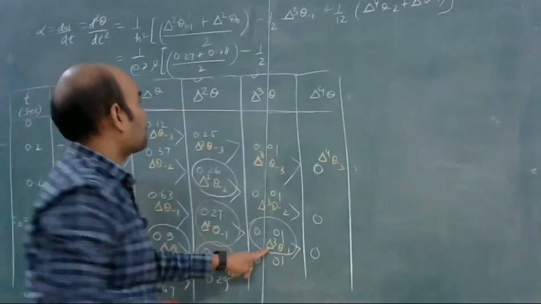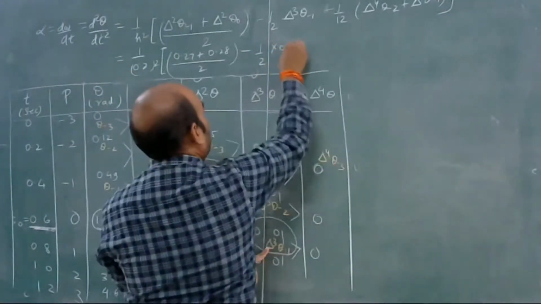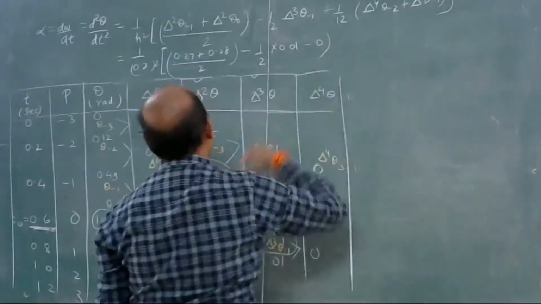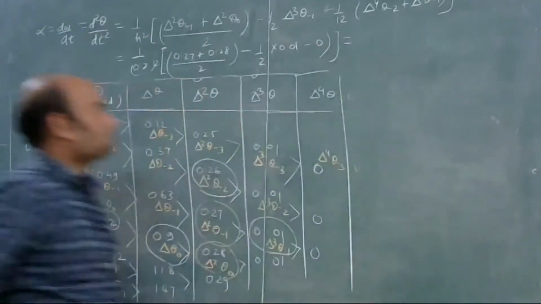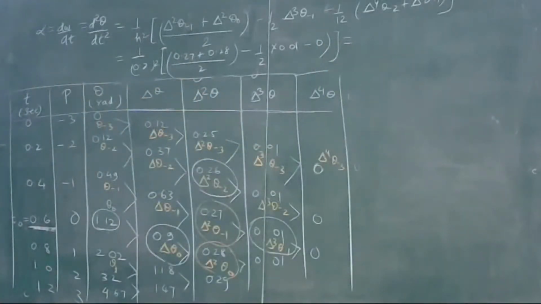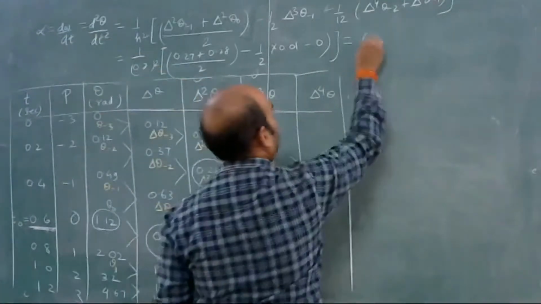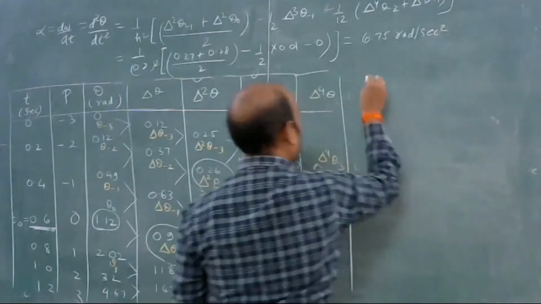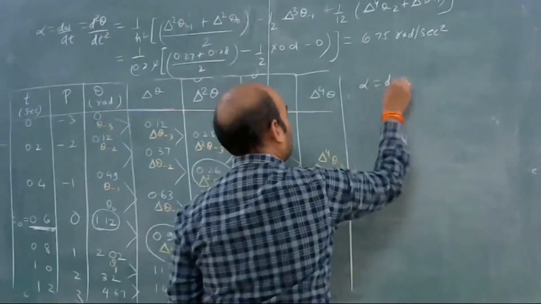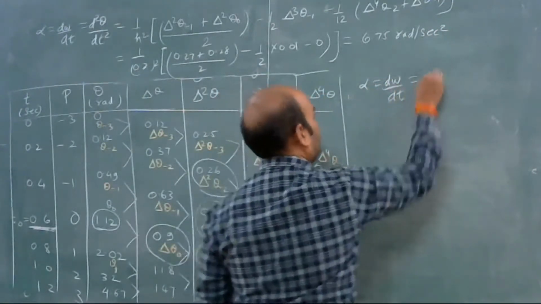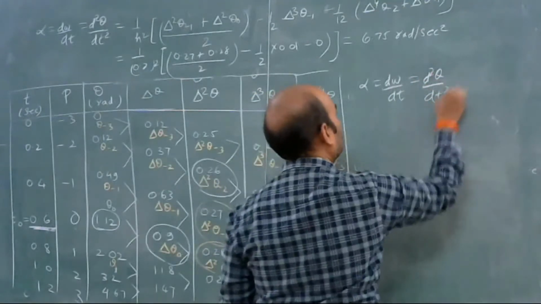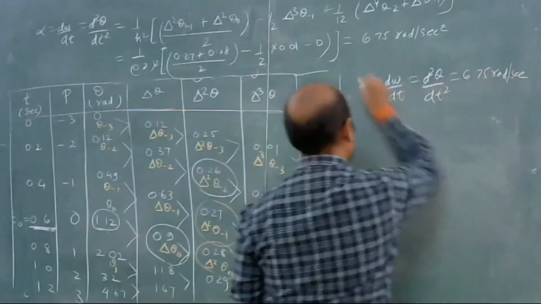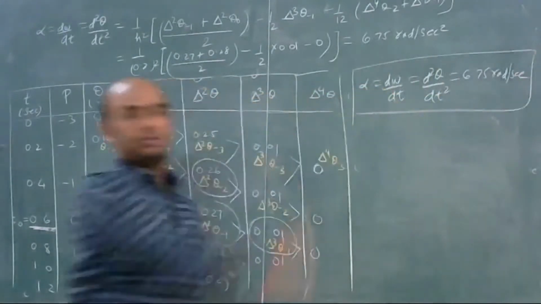Del cube theta minus 1 is 0.01 minus 4 del to the power 4, which is 0. So on solving this, you will get 6.75. So alpha is d omega by dt, which is the value of angular acceleration.